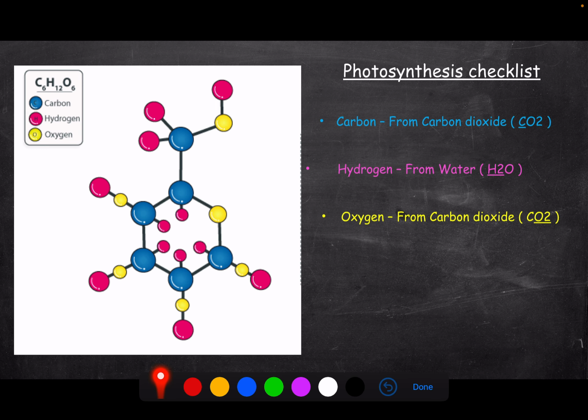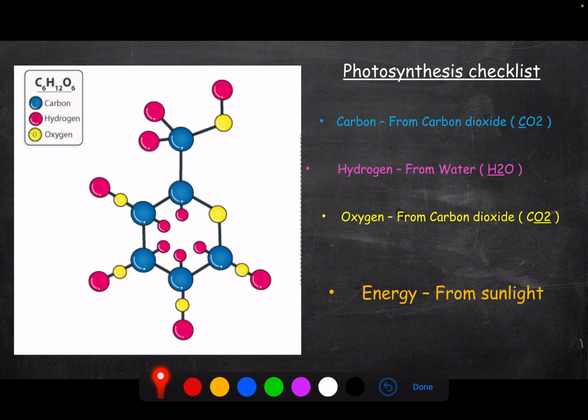And this explains why oxygen is released as a waste product during photosynthesis, which we'll be looking at later. But that's not all. Other than the materials, it also needs a way to break these materials apart and then put them back together as a new material, in this case, glucose. And plants can do that by using the energy which it gets from the sunlight.